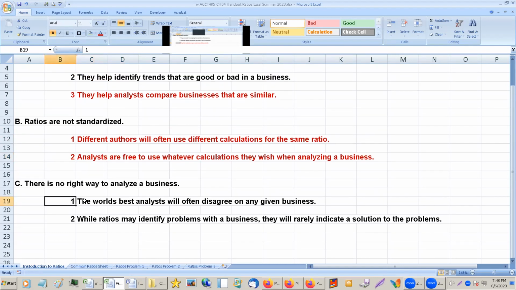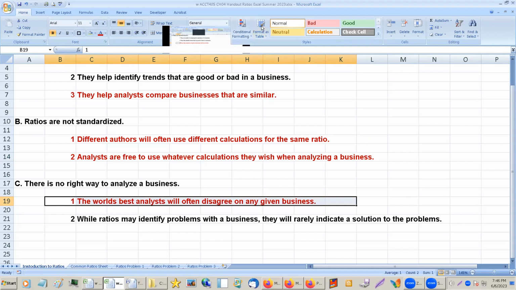And there's no right way to analyze a business. So you'll get even the top, top analysts, sometimes you'll get them all saying different things. So Walmart, what do you think about Walmart? Well, you'll have 5 people that say buy the stock. You'll have 2 people that say hold the stock. It's not going to do great.